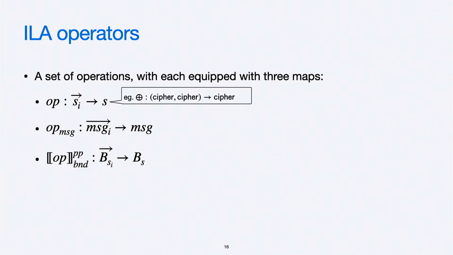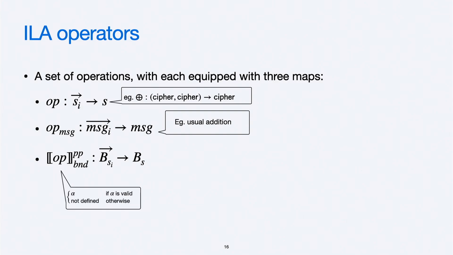So let's look at an example. An operator could be O plus, which adds two ciphertexts and gives us one ciphertext. And this is the equivalent of the operator on the plaintext, where the clear text operation is the usual addition, like integer or real number addition. The last map is only defined as long as alpha is valid.